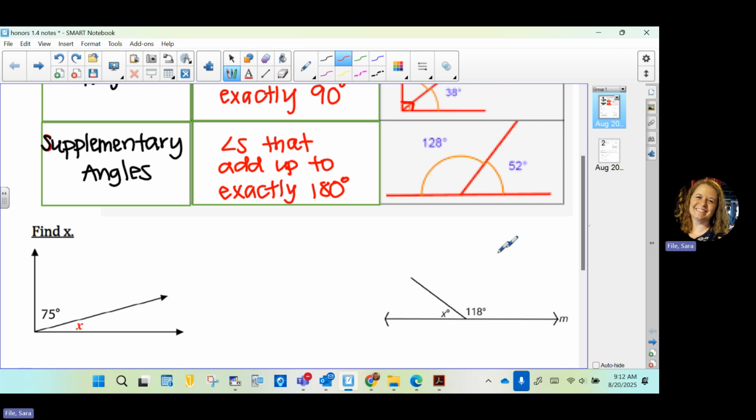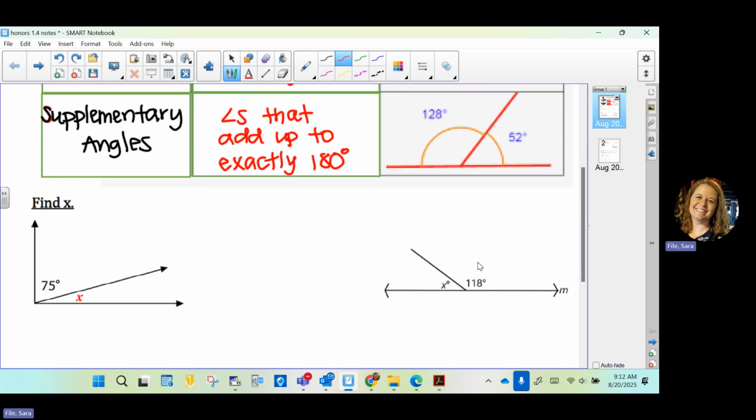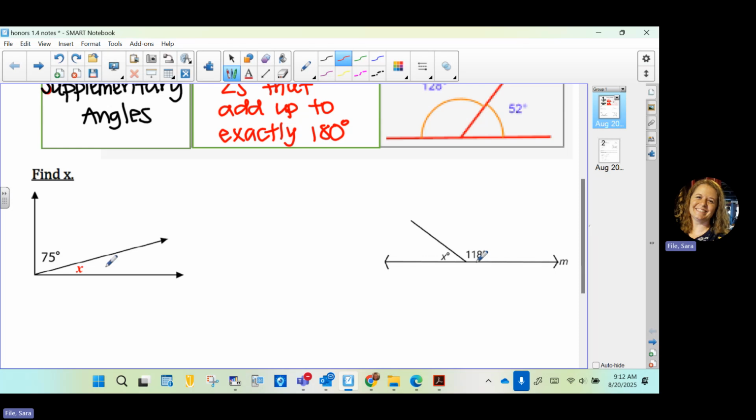So just supplementary and complementary. That's what we're going to start with here on the front. This is not the best example. We need to add something to make this what it's supposed to be. It says to find x. Right now you would have to assume that's 90 degrees together because it looks like it. And I really don't want y'all assuming in geometry.